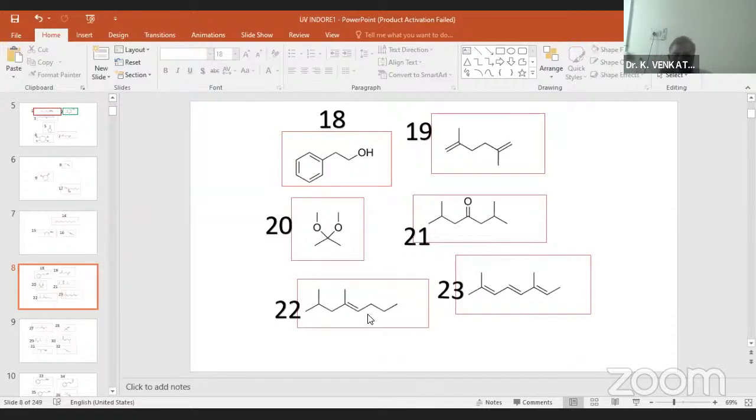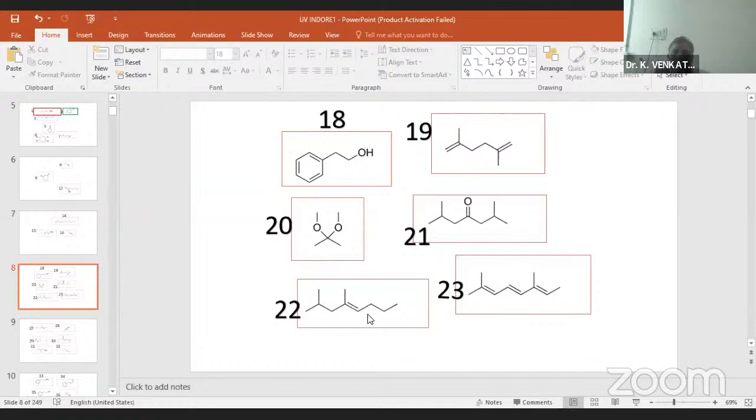So now 19th. This is hexene. Madam, first you check for the linear chain. Six carbons. 1,5-hexadiene, sir. Okay.